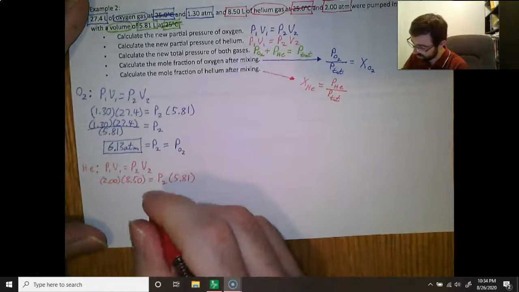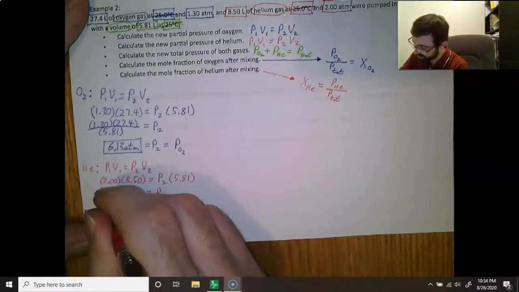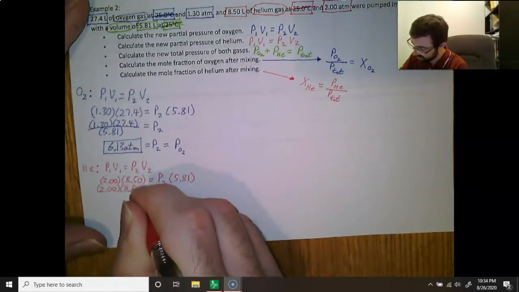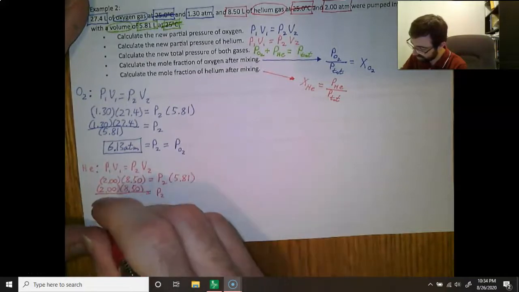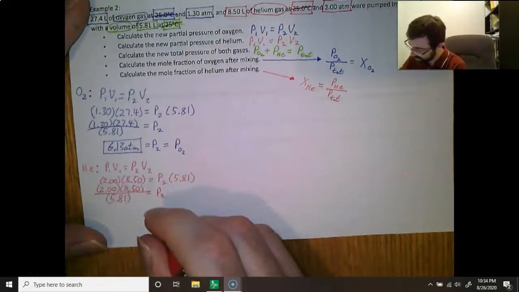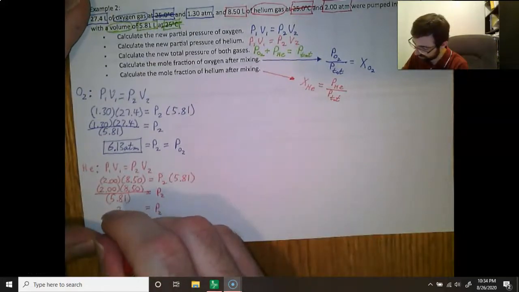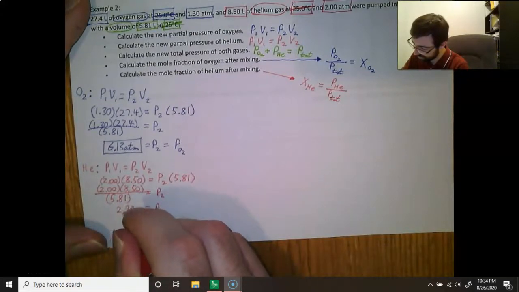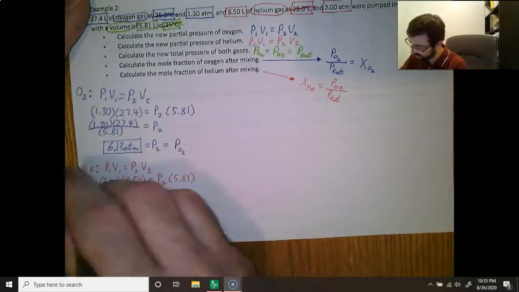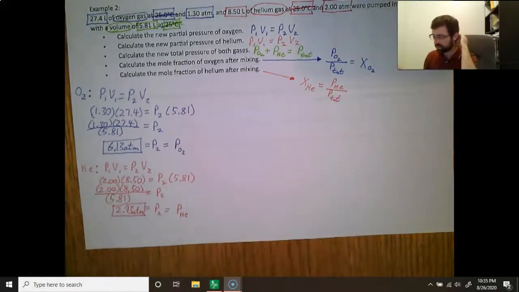Let's divide to solve for P2. 2.00 times 8.50 divided by 5.81. P2 equals 2.93 atmospheres. Again, P2 is helium, that is our pressure of He, just to keep it straight.